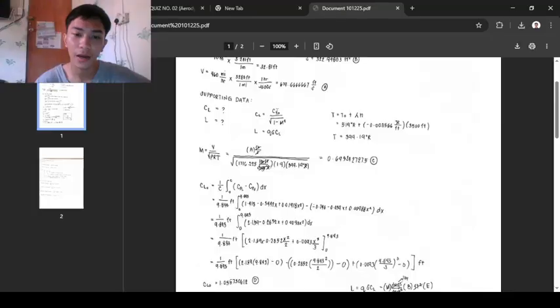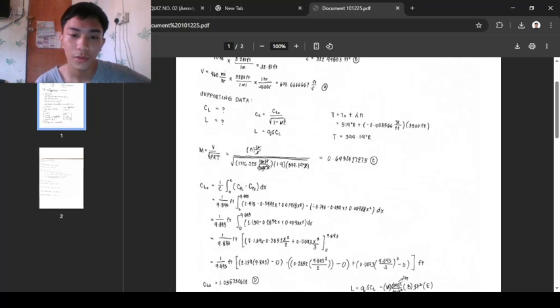For the lift, we have the dynamic pressure times the surface area times the coefficient of lift that we will obtain from this one.